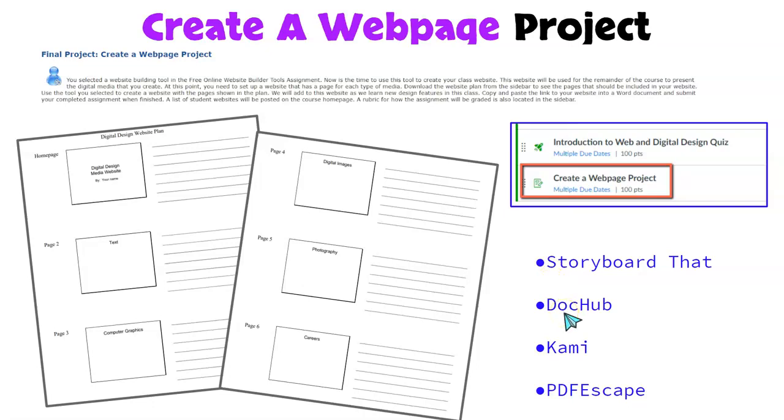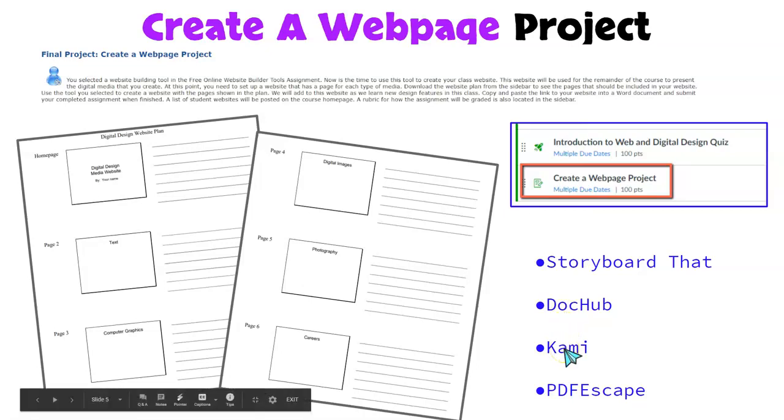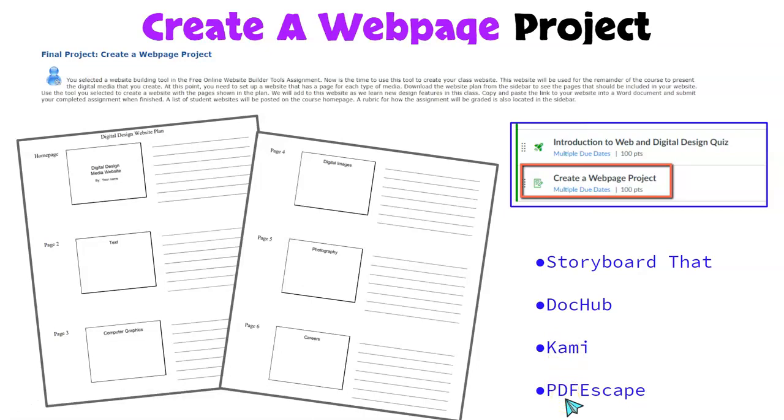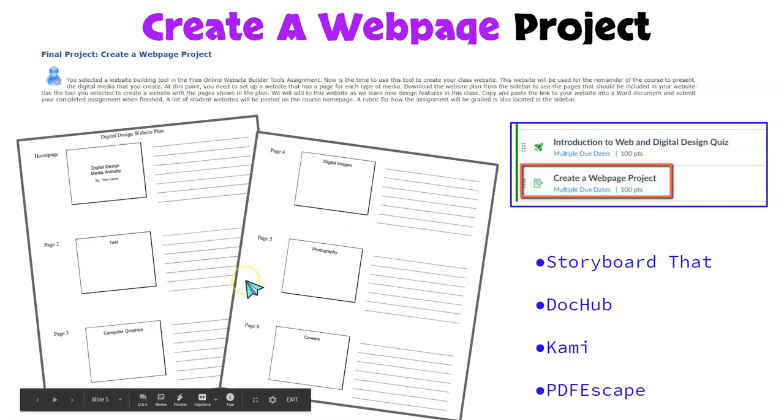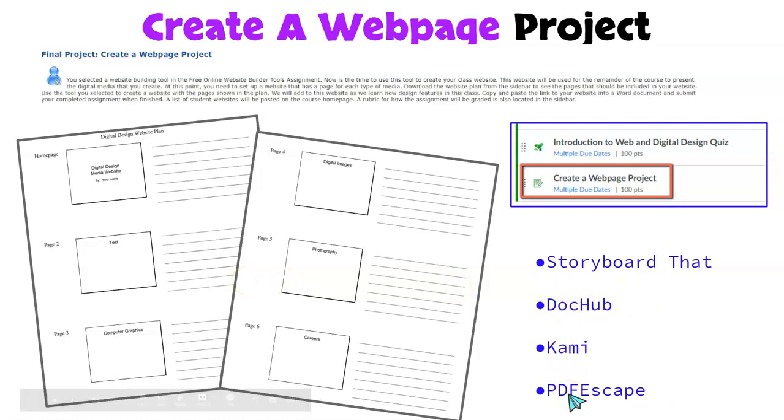That's a site where you can upload your worksheet. You can also use Kami, and you can also use a website called pdfescape.com. Again, if you're going to use the PDF handout that you see on the screen, you will have to use one of these websites, or any website that will allow you to type on a PDF, or you may want to go the other route and try Storyboard That, which is a pretty cool website as well.